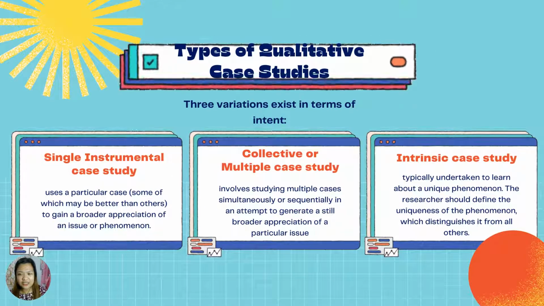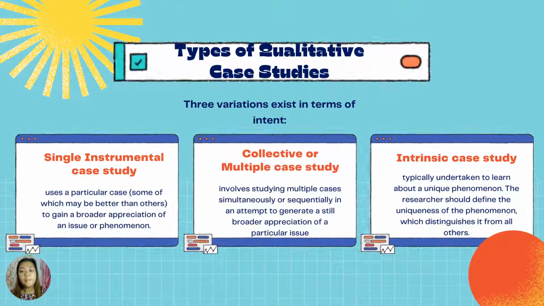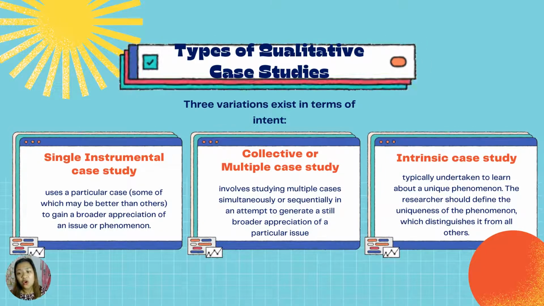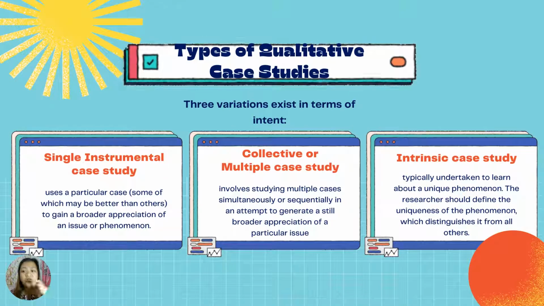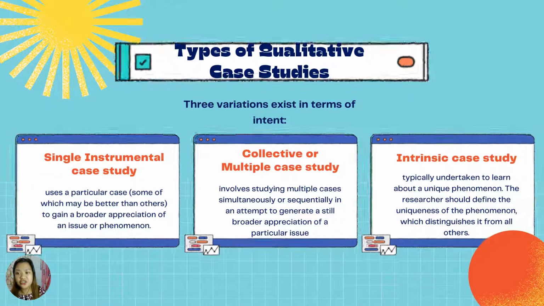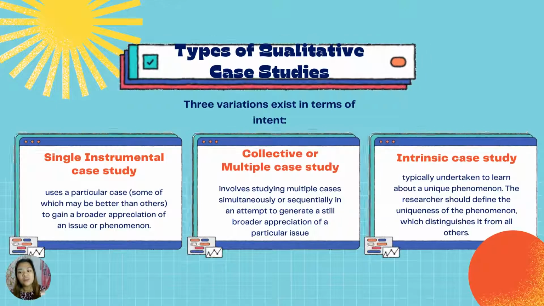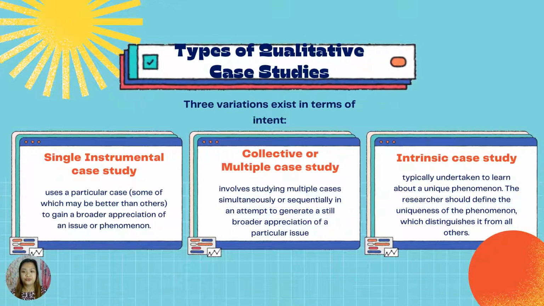The intrinsic case study is one in which the focus is on the case itself, because the case presents an unusual or unique situation. This resembles the focus of narrative research, but the case study analytic procedures of a detailed description of the case set within its context or surroundings still hold true.